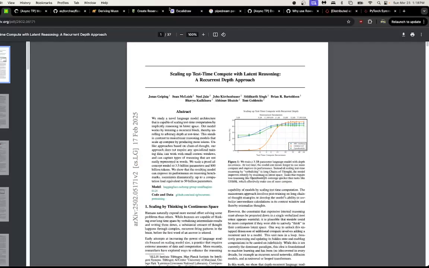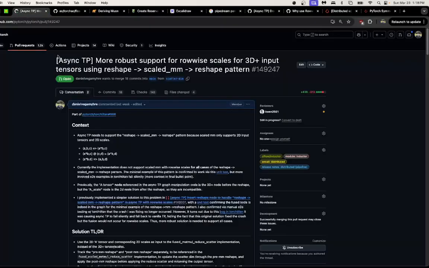There's now a PyTorch implementation of this as well, but I think XLA actually did it first in the paper. I haven't read the paper yet, but that's what it is.